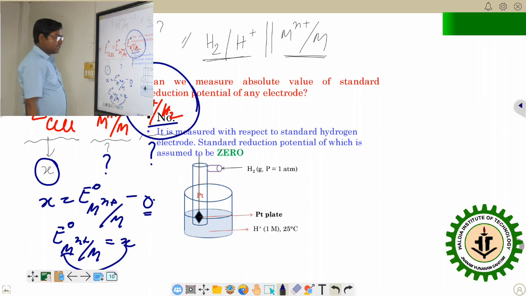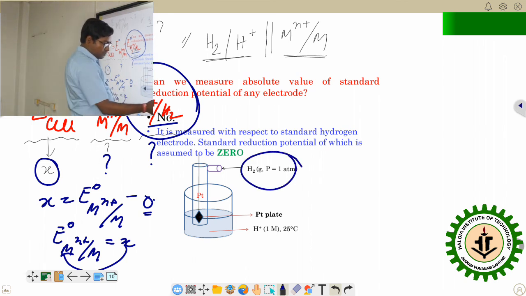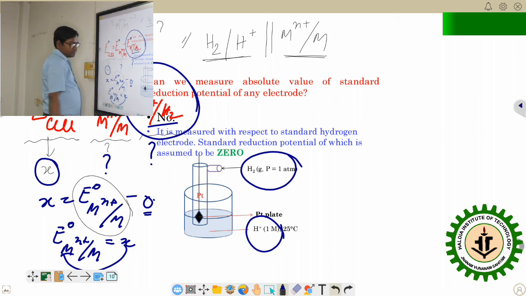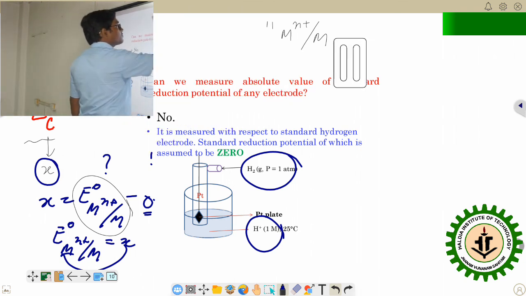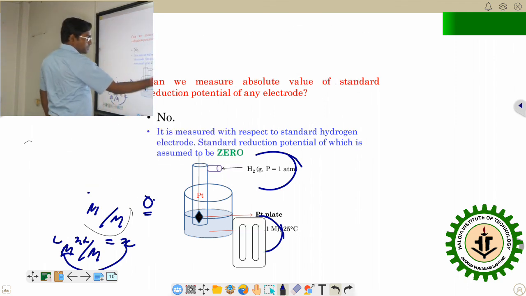What is the standard condition? Hydrogen should be at the pressure 1 atm and H+ should have concentration 1 molar. Under this condition, you can find out the E naught value of any electrode. So whatever potential we report, all are relative values, none is an absolute value. Relative to which one? Relative to the hydrogen electrode, we define the potential.